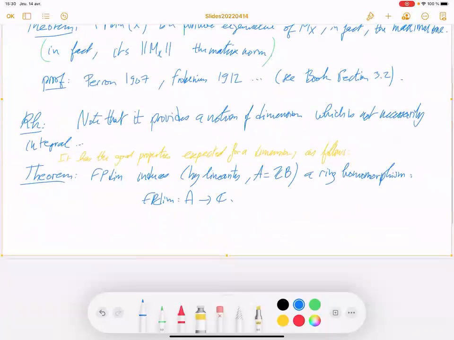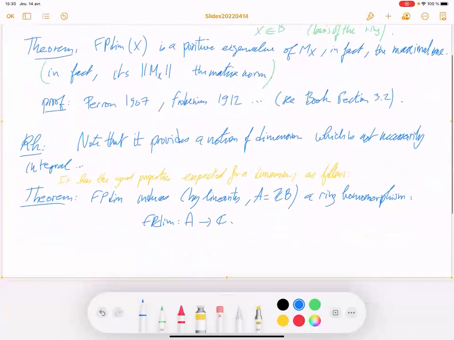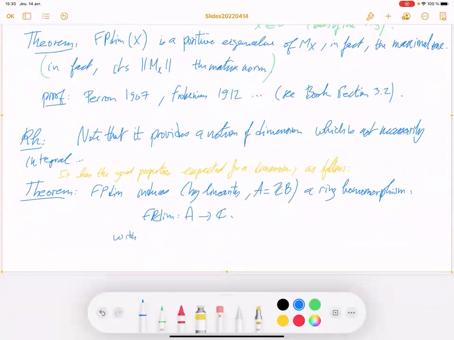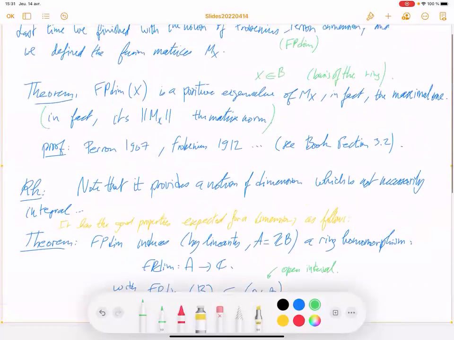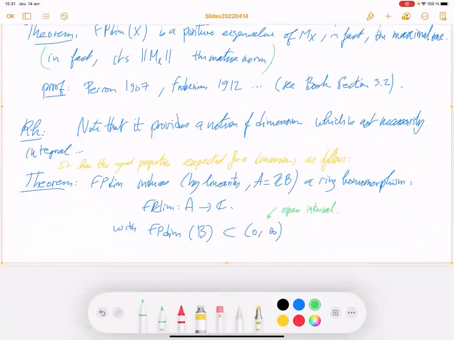Such that FPdim of B is included in the open interval (0, infinity).